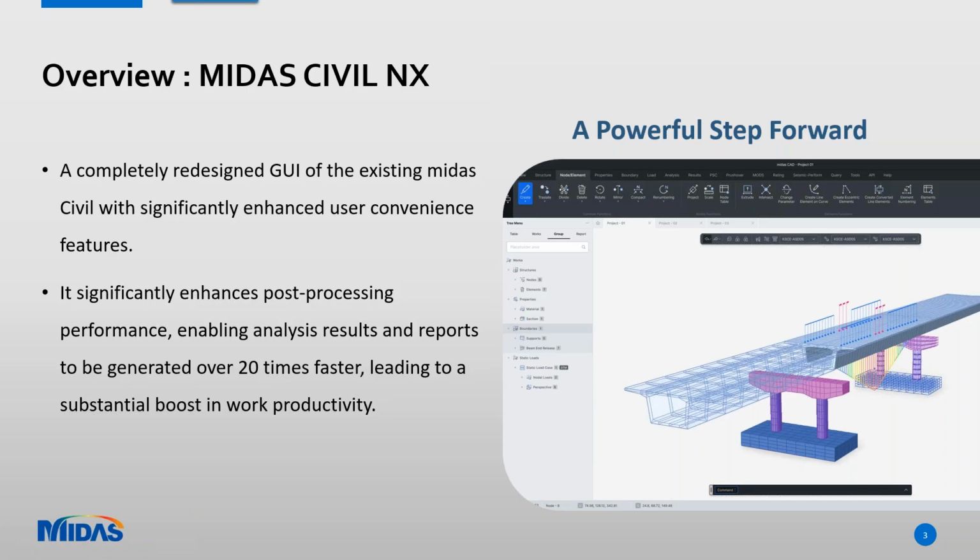We have added functionalities enhancing post-processing performance, enabling analysis results and reports to be generated in Excel format. For result extraction, tabulating the results, let's say for concurrent forces, it's almost 20 times faster than the usual MIDAS suite software.